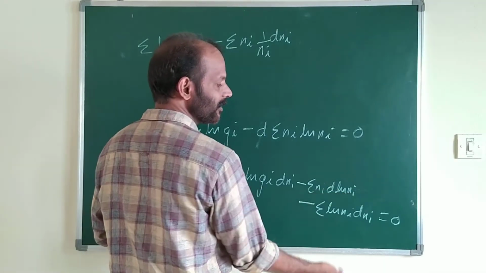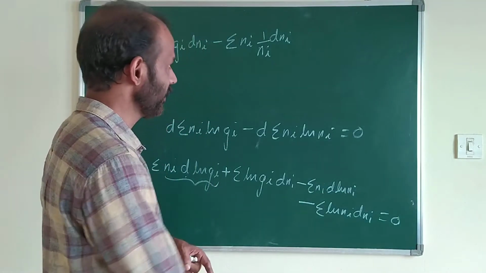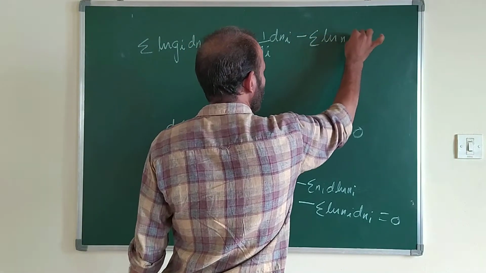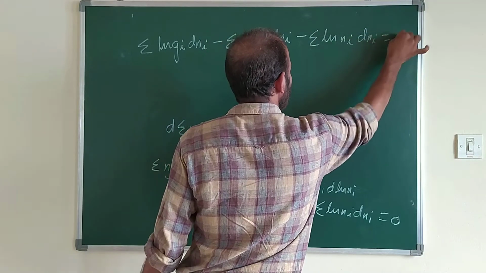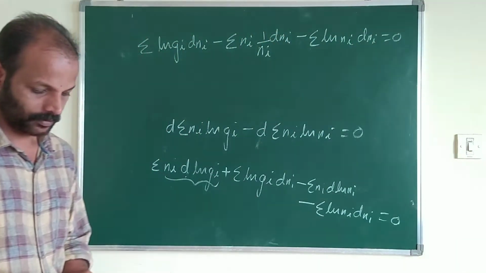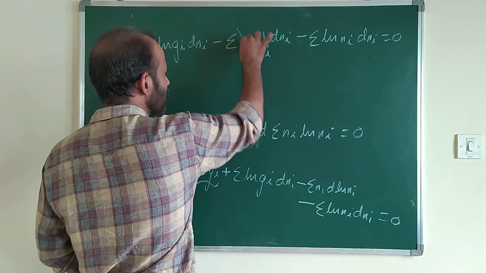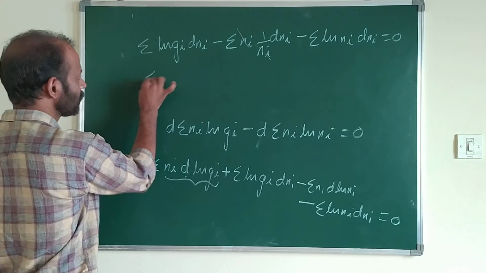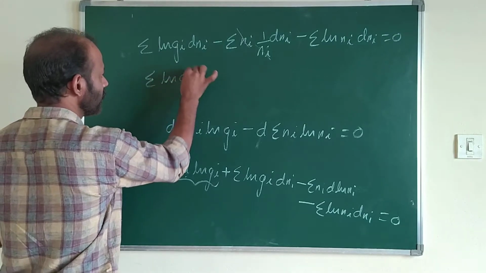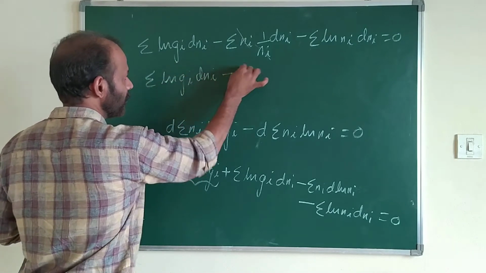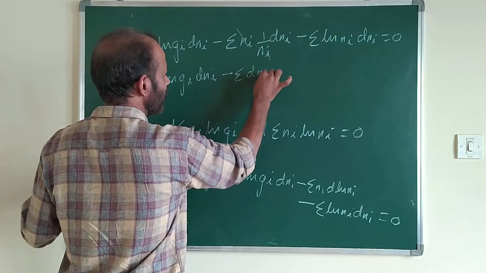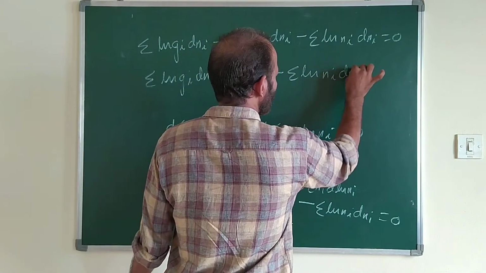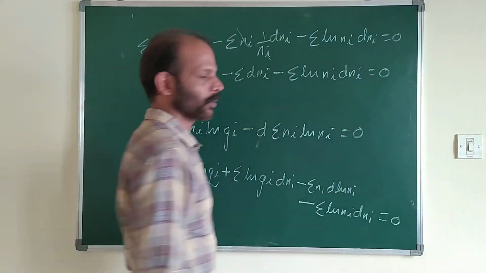So d ln ni is equal to 1 by ni dni, minus sigma ln ni dni is equal to 0. We can cancel these terms. So the equation becomes sigma ln gi dni minus sigma dni minus sigma ln ni dni is equal to 0.